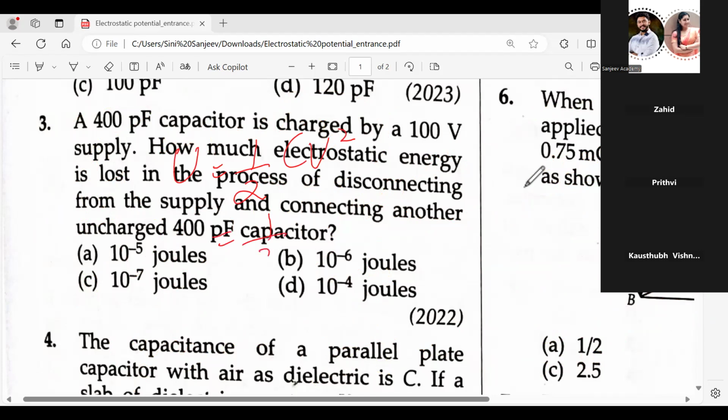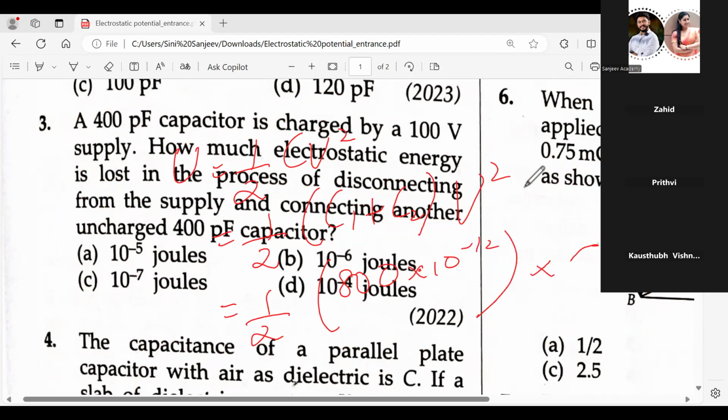But how many capacitors are here? Two. So half into (C1 plus C2) into V square. C1 plus C2 is 800 into 10 power minus 12, into V square, which is 50 square. Doing this, we get an answer of 10 power minus 6 joules.